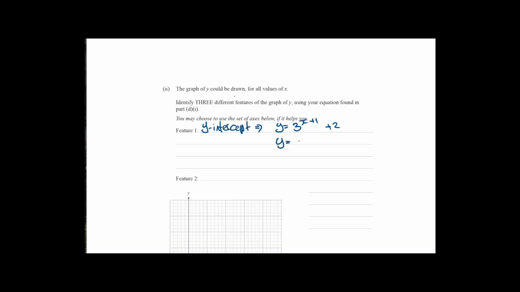So y is going to be equal to 3 to the power of 0 plus 1, which is 1, plus 2. So y is equal to 3 plus 2, which is 5. So the y-intercept is at (0, 5).